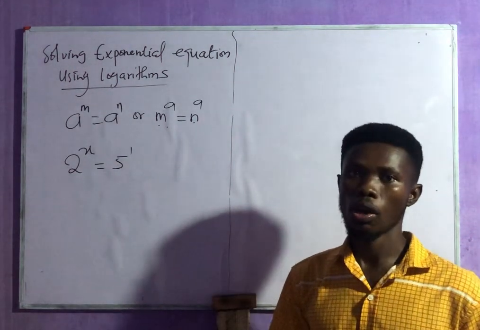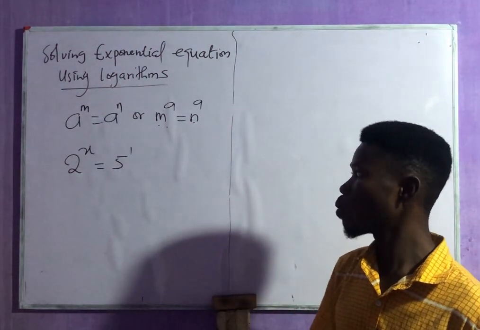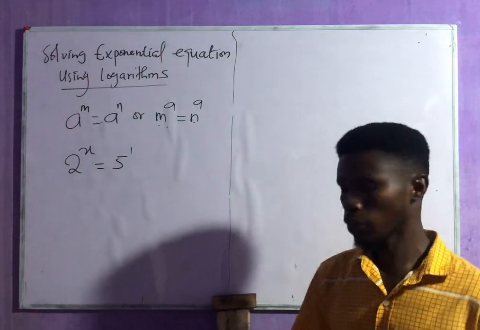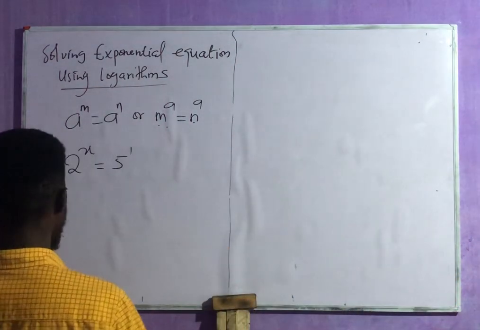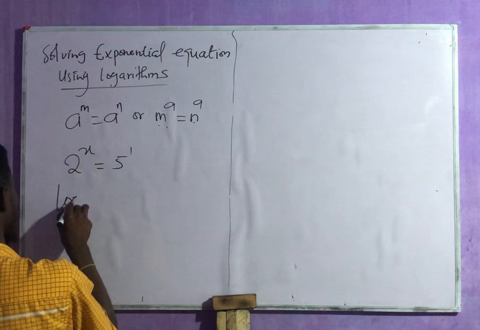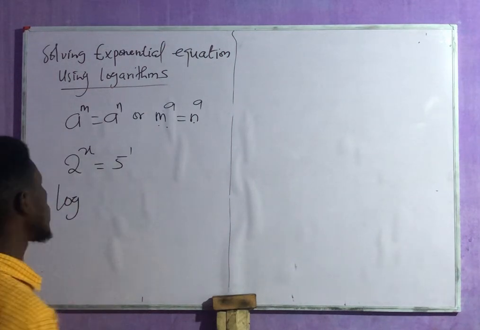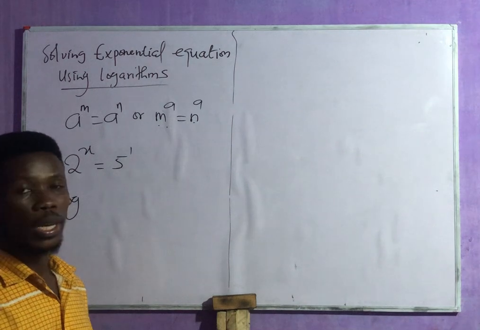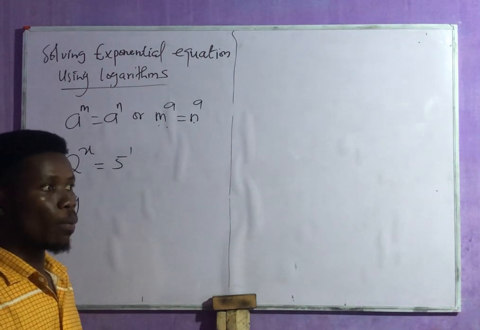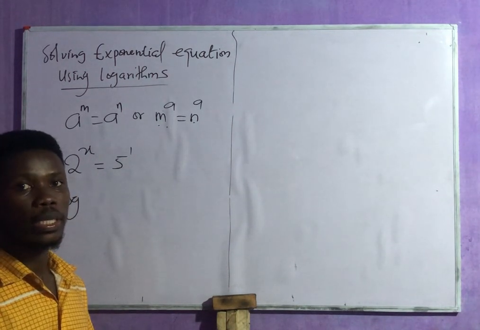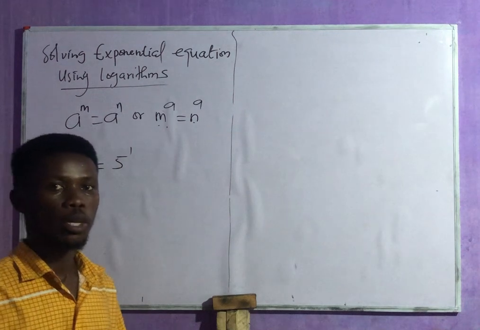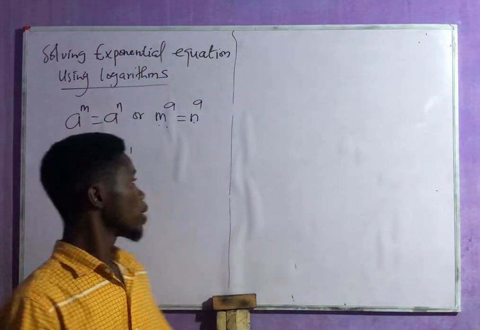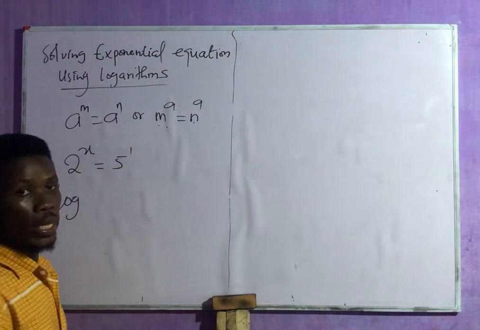So the only alternative here is to take log on both sides. Taking a log, you can decide to use base 2, base 5, or any base that you want. But the popular one that we have been using is base 10. And I've already explained to you that for base 10, we don't write the 10 there.